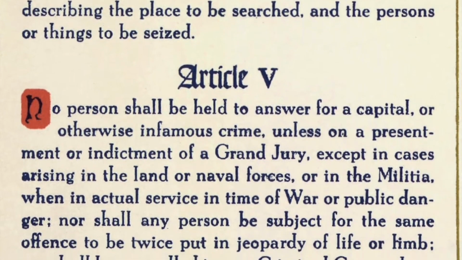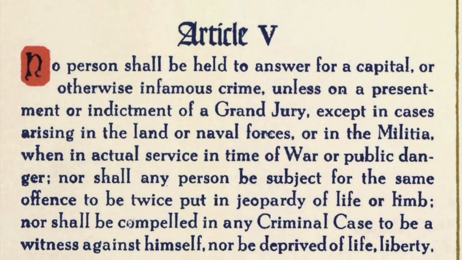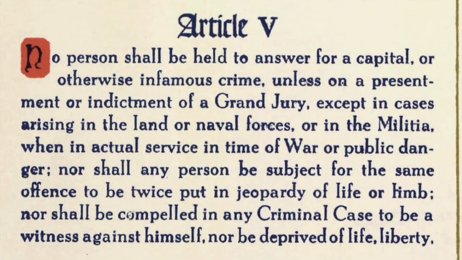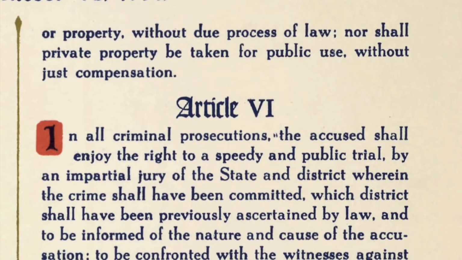The Fifth Amendment prohibits the federal government from denying certain legal rights to people who've been accused of a crime, like prohibiting the government from trying someone twice for the same crime, or double jeopardy, or compelling someone to testify against him or herself, or depriving people of life, liberty, or property without due process of law, and from taking property from you without reasonable compensation.